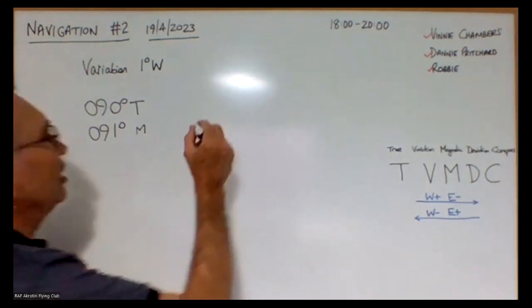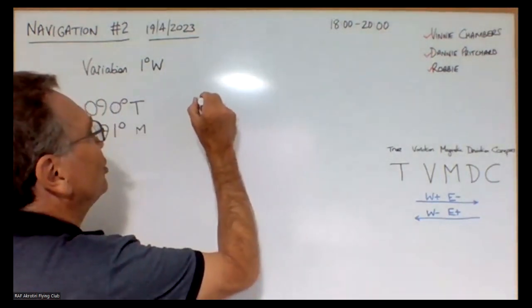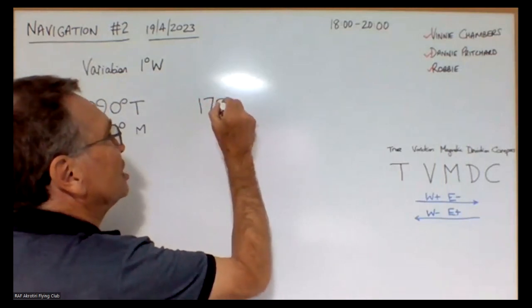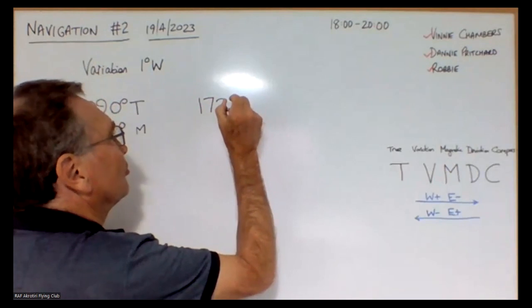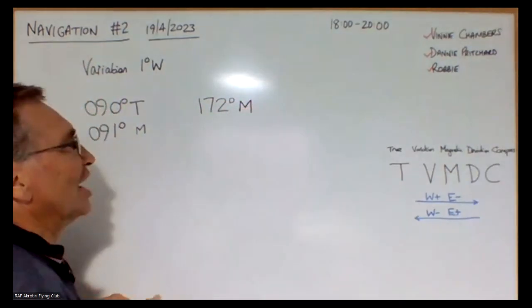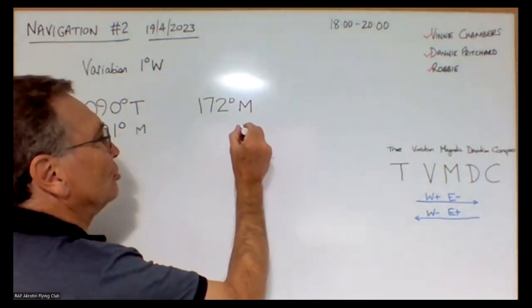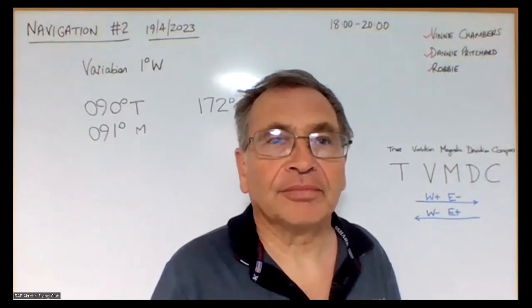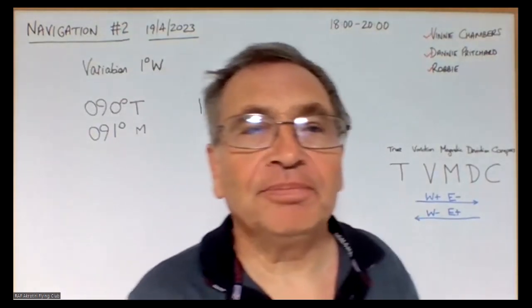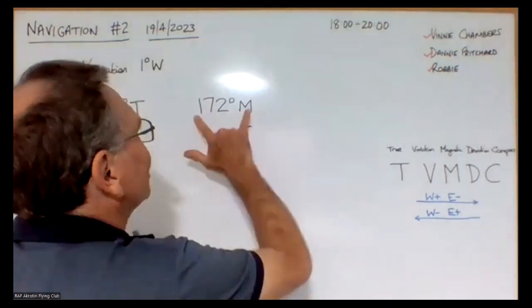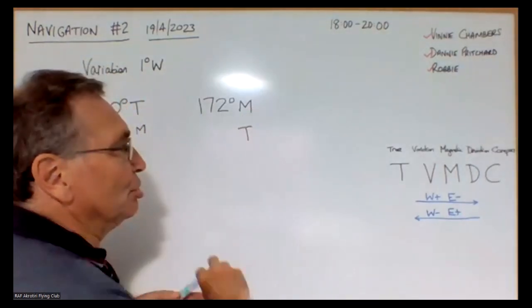So supposing, let's do another example. Supposing it was 172 degrees magnetic, and I want to find out what it is true. So, Robbie, how would I go about that, do you think? I want to go from magnetic to true.